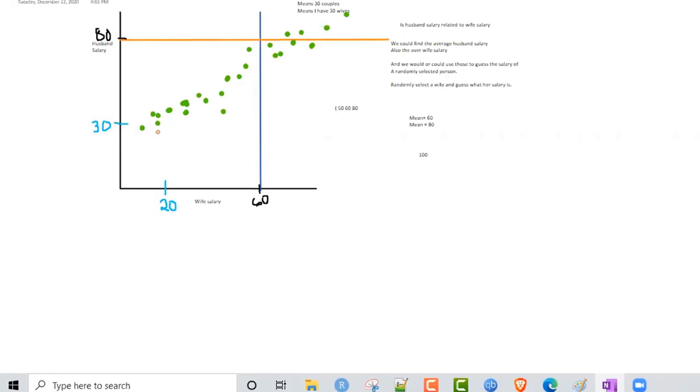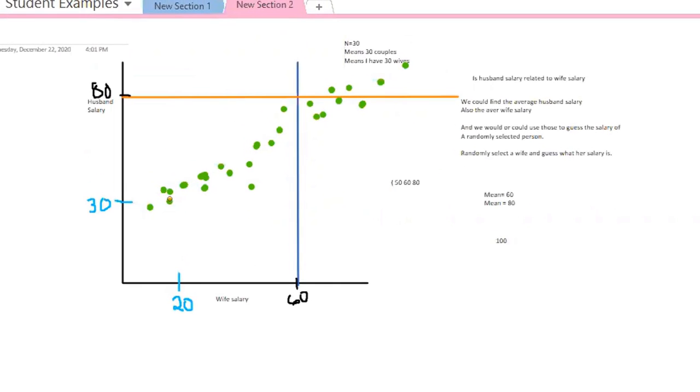If you know the x-coordinate, that will give you a good indicator of what the y-coordinate should be. So if the x-coordinate is very low, I'm going to predict that the y-coordinate is also low.